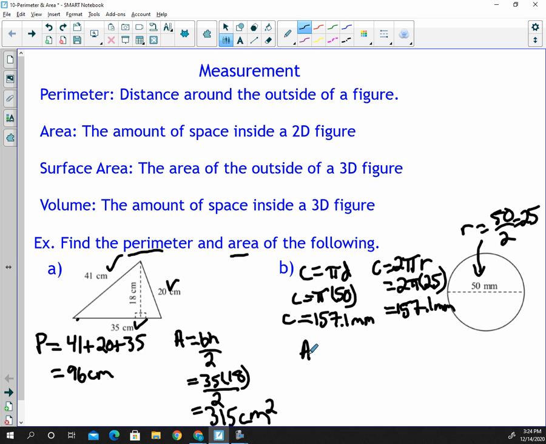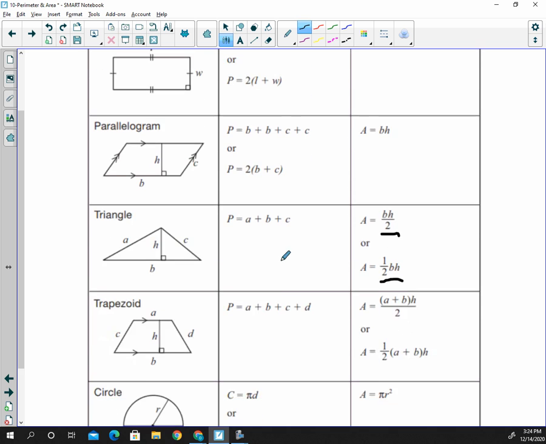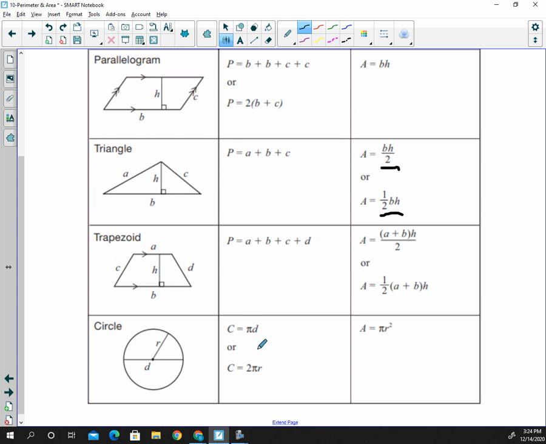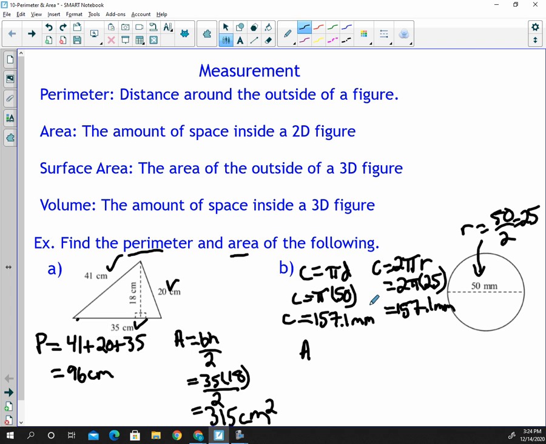All right, let's move on to the area. Again, if we go down to our formula sheet, there were the 2 formulas that we talked about for the circumference, and then the area is just pi times the radius squared. So it does have to be the radius for the area. And as we said, the radius for our circle is 25.